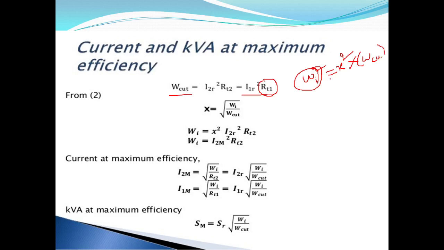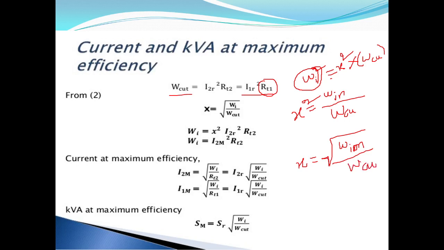From this we can write x square is equal to iron losses upon copper losses. So x is equal to the square root of iron losses upon copper losses.